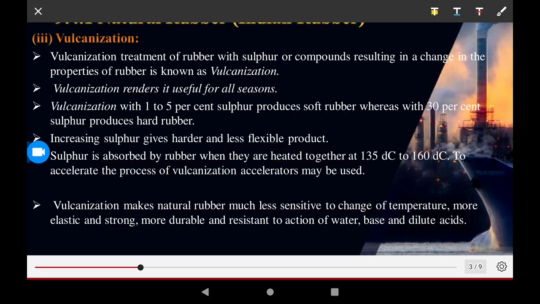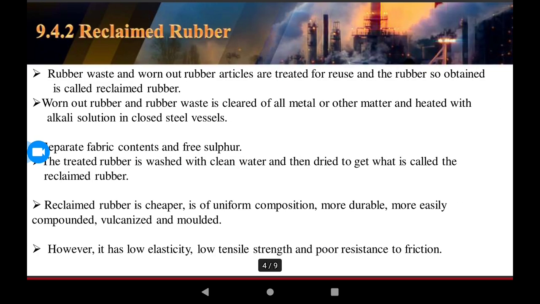In an application of the vulcanization process, the reclaiming of rubber, waste and worn out rubber articles are treated for reuse, and the product obtained is called reclaimed rubber.